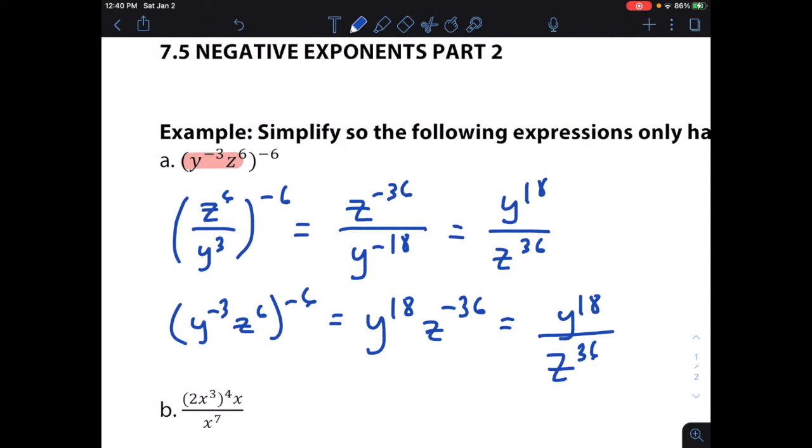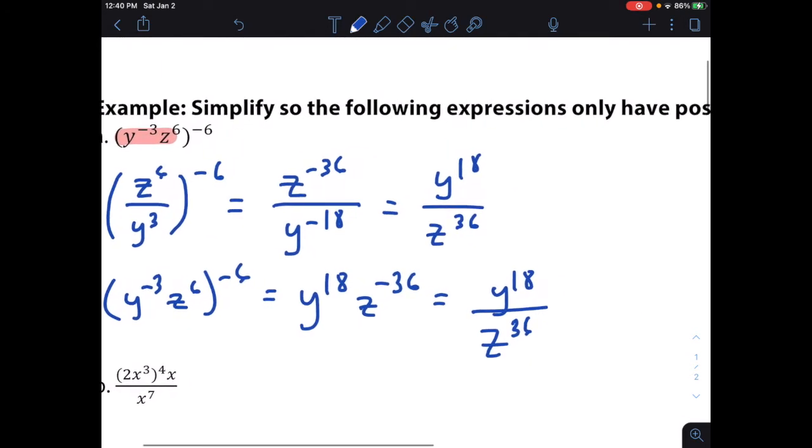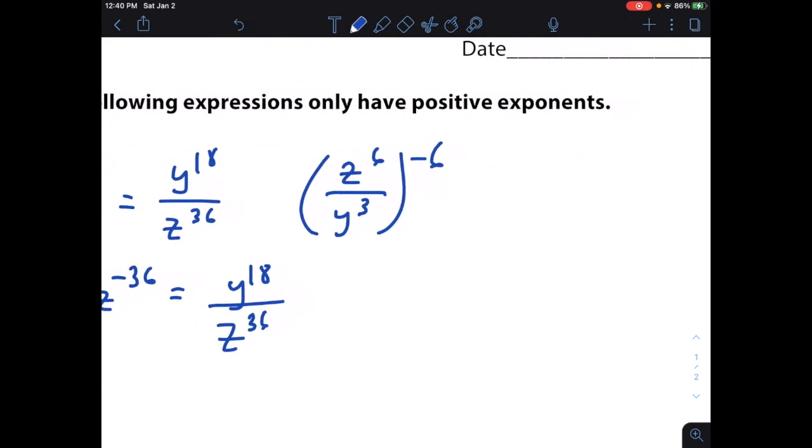Was there one other one? There was, and I know what I was thinking. If we take the first one that I did, where we have z to the sixth over y to the third, and we take it to the negative sixth power, another way we could treat this is we could apply the negative exponent rule with the negative 6 and just flip this fraction over. So we could say we have y to the third over z to the sixth, and then I just change that to positive.